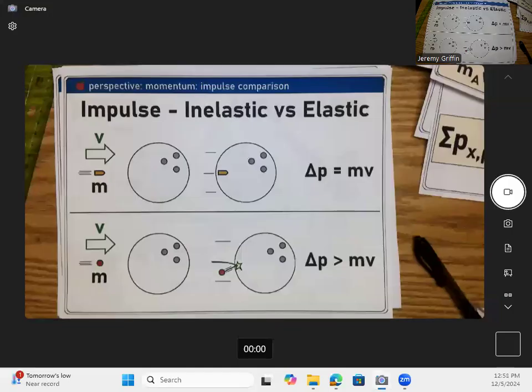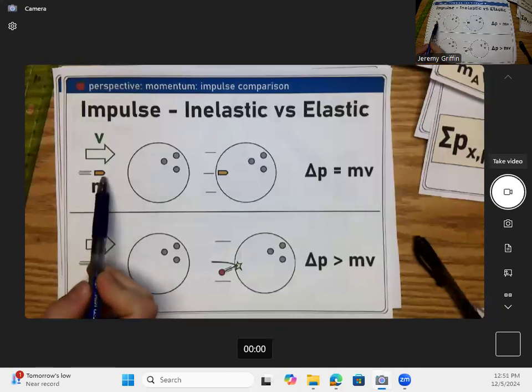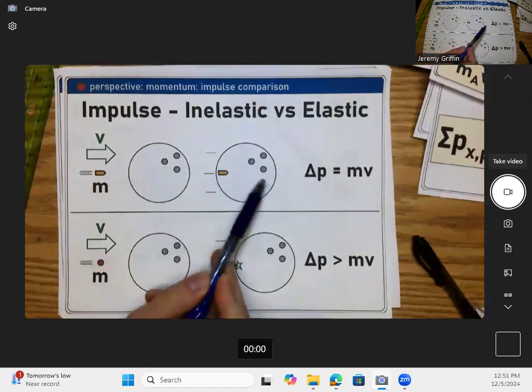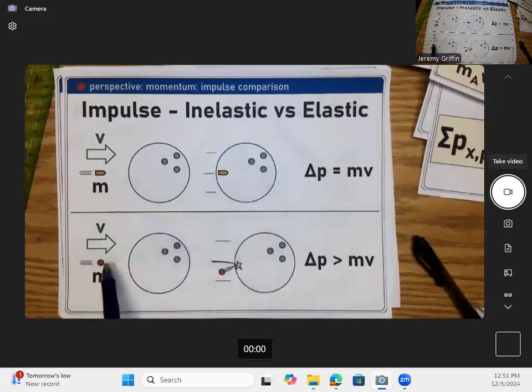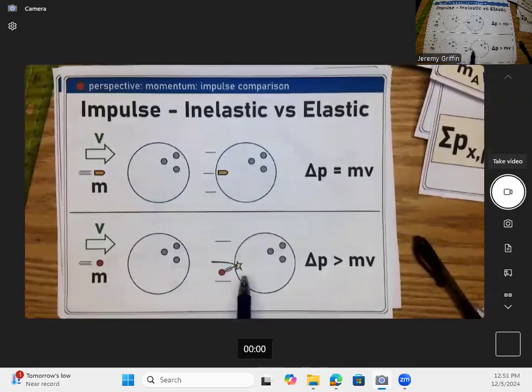Here's Granny, here's Ambrose. If they collide and stick together, maybe they're still fast together. But if they bounce, boing, it flies off Ambrose. Now he's going really fast.